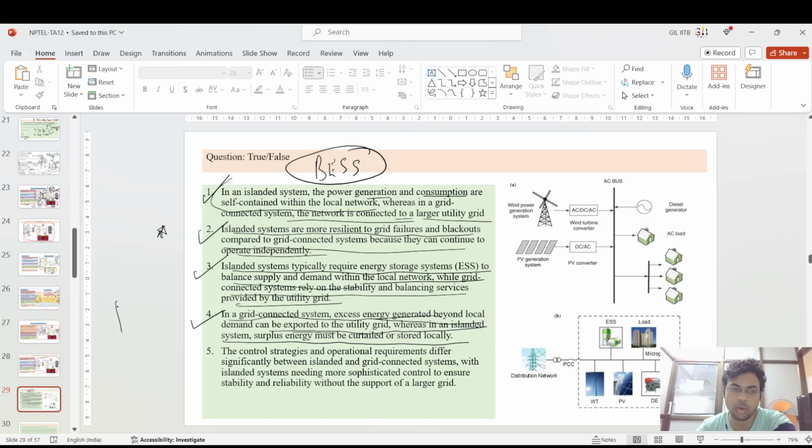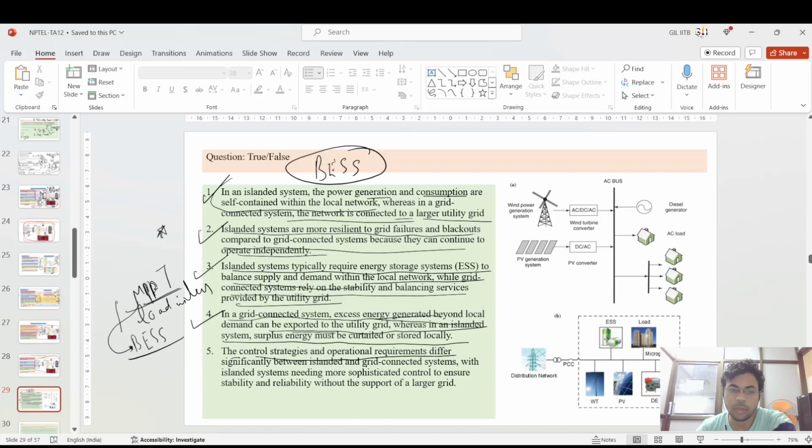But if it is an islanded situation, you have to make sure that your PV does not operate in the MPPT mode if your load is less. Or, if the battery energy storage system is there, you can operate the PV in MPPT and store the excess power into the BESS.